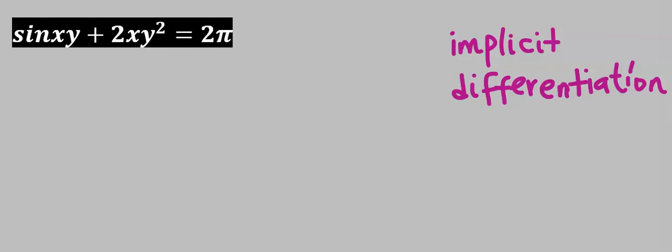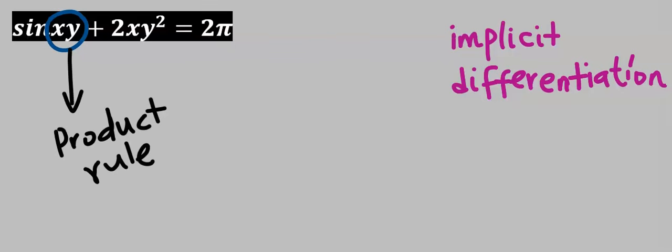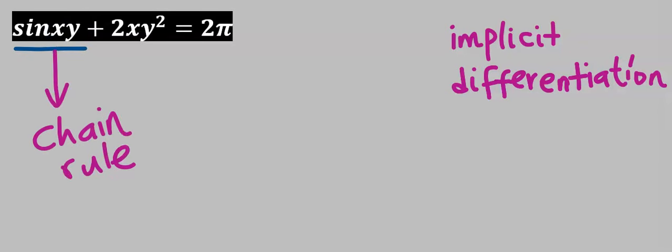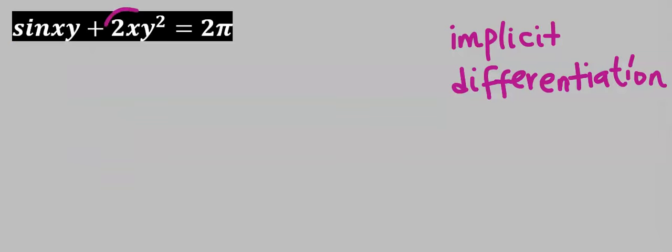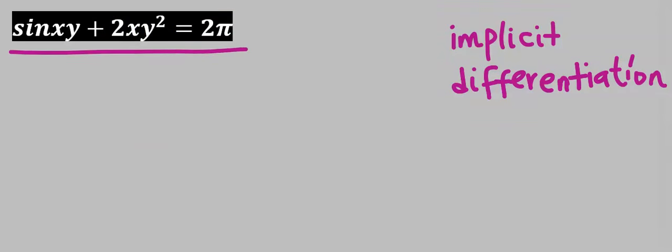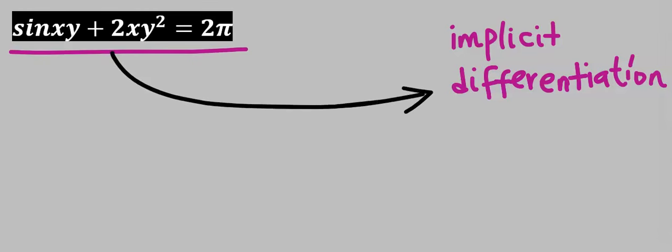In front of sine, we have xy, and we're going to differentiate this using product rule. However, differentiating the entire function will be chain rule. While to differentiate this, we are going to apply product rule. But the entire function is implicit differentiation.